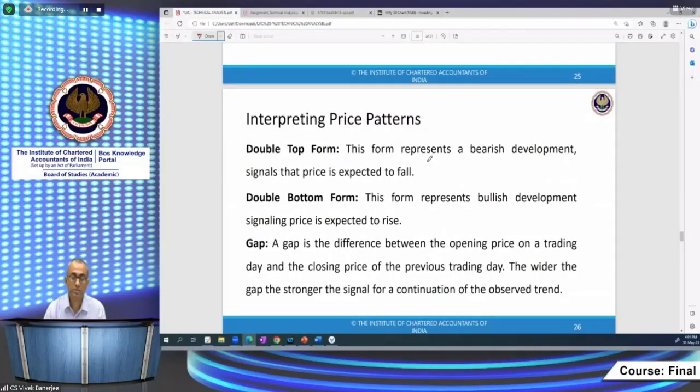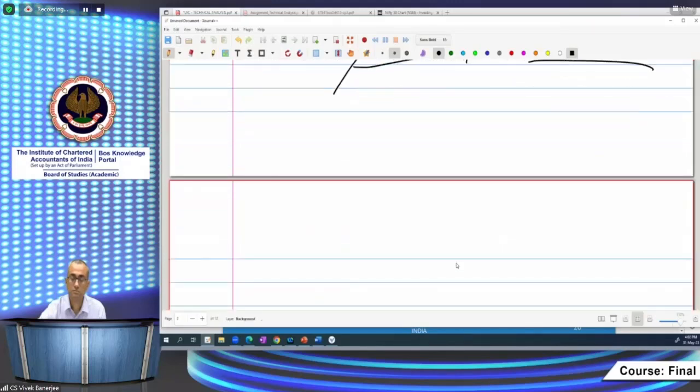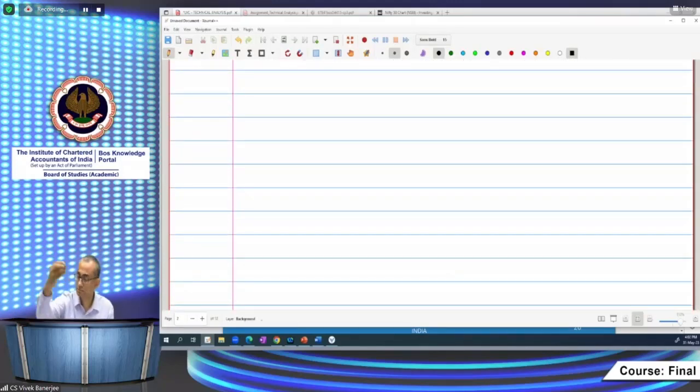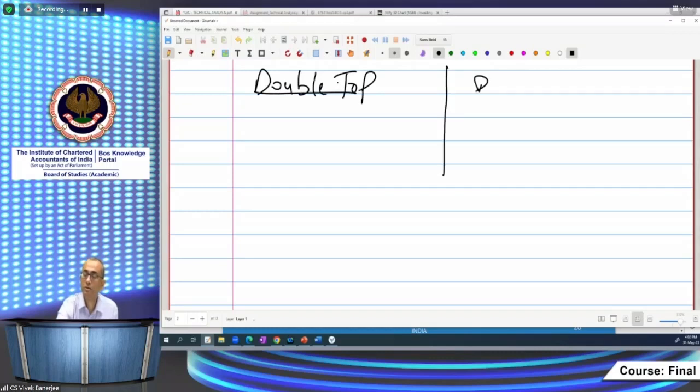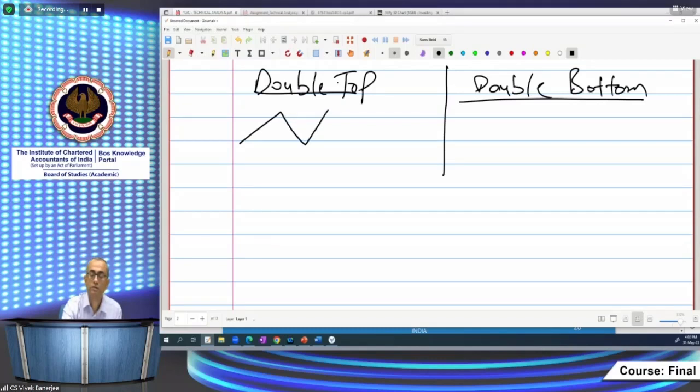Okay, now come to interpreting price patterns. It is double top, double bottom, and a gap. सबसे पहले डबल टॉप देखते हैं. डबल टॉप और डबल बॉटम. जो डबल टॉप है, it is two tops, the first top and the second top, and the second top is more or less similar to the first top.